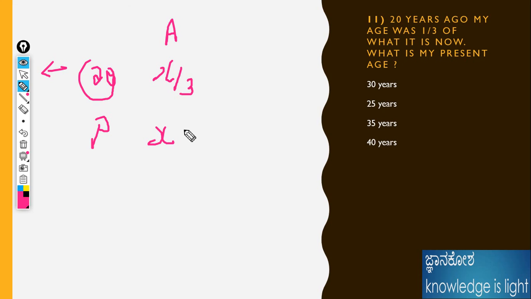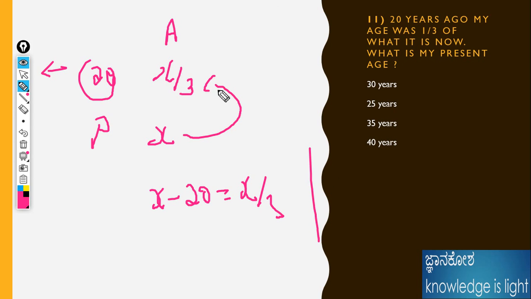Okay, we can format a table in two ways. If you're going back, what should be the age? x minus 20 is equal to x by 3. Or else, if x by 3 is in the future, what would that be? x is equal to x by 3 plus 20.